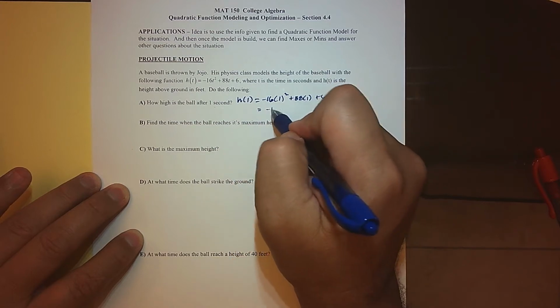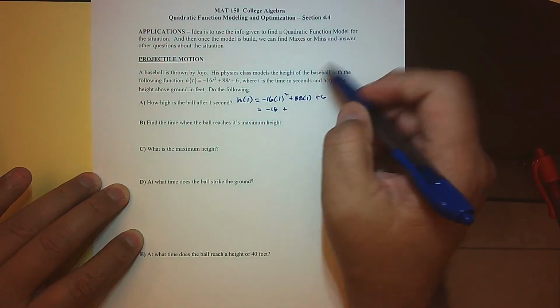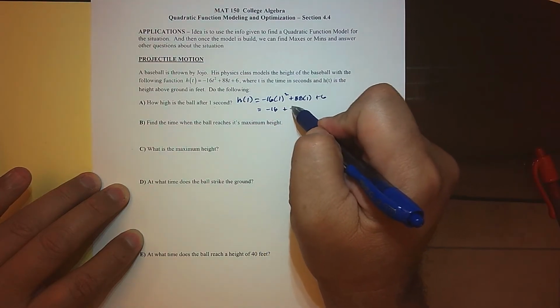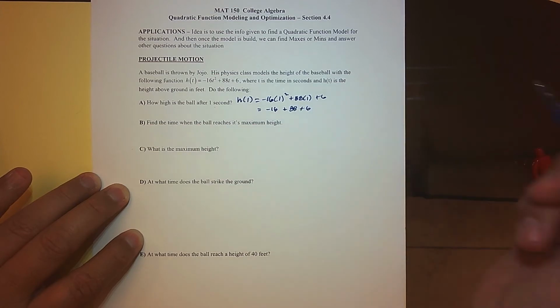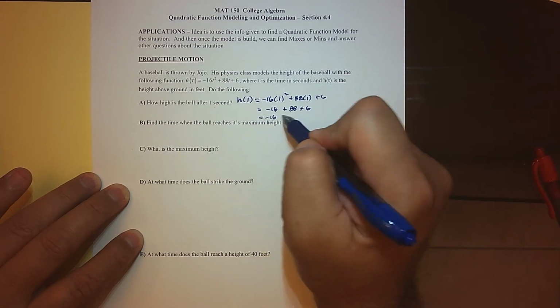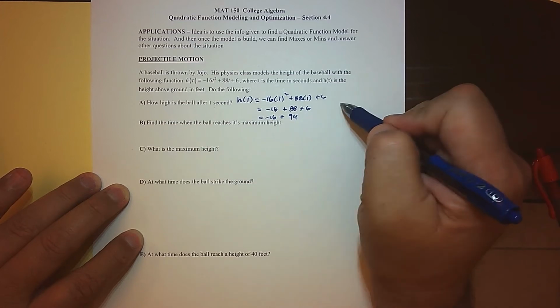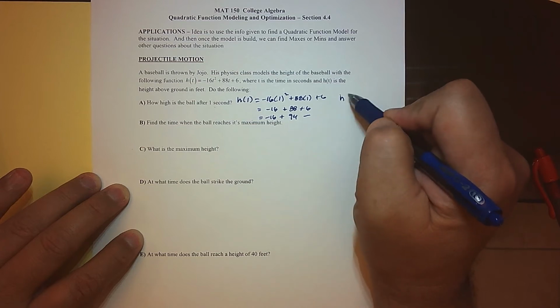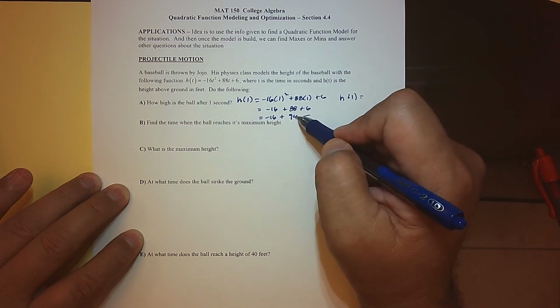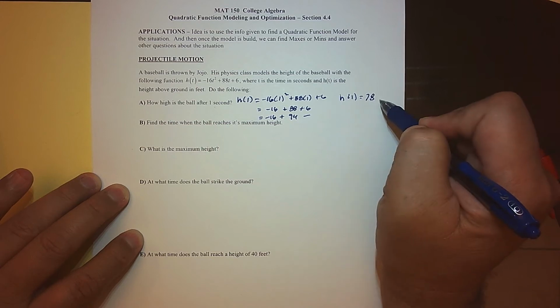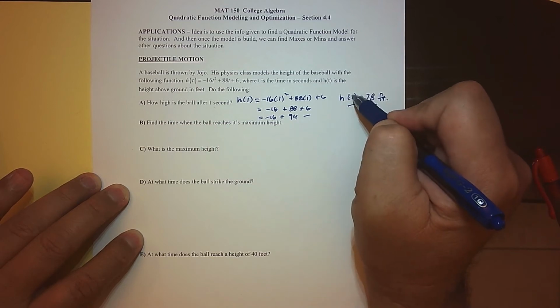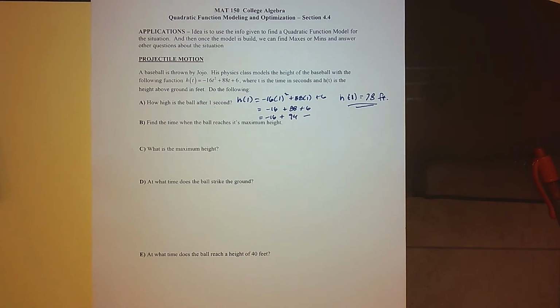So 1 squared is 1, times negative 16 is negative 16, 88 times 1 is 88, and then adding the 6. 88 plus 6 is 94, so negative 16 plus 94 gives h of 1 equaling 78. That would be in feet. So at 1 second, the ball is 78 feet in the air according to this model. That's how we use the function in terms of what it's giving us.